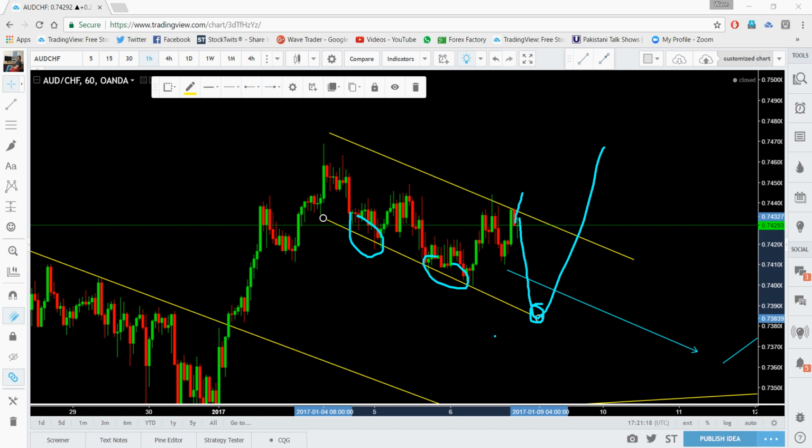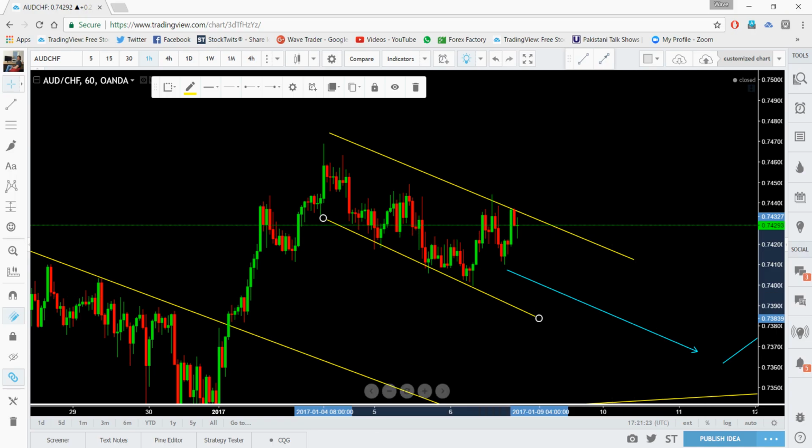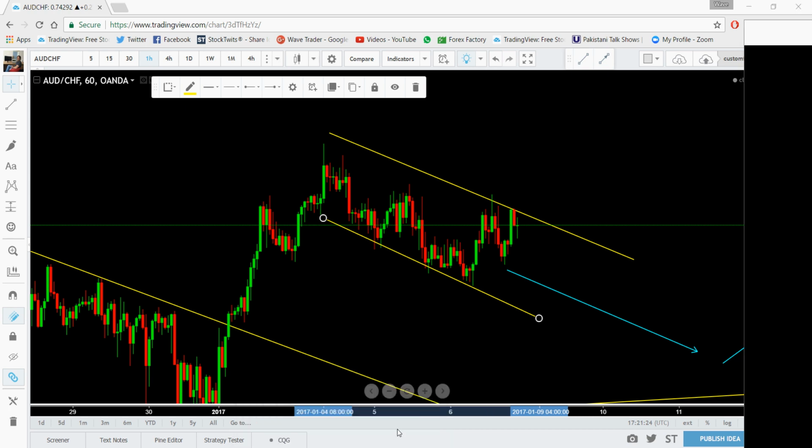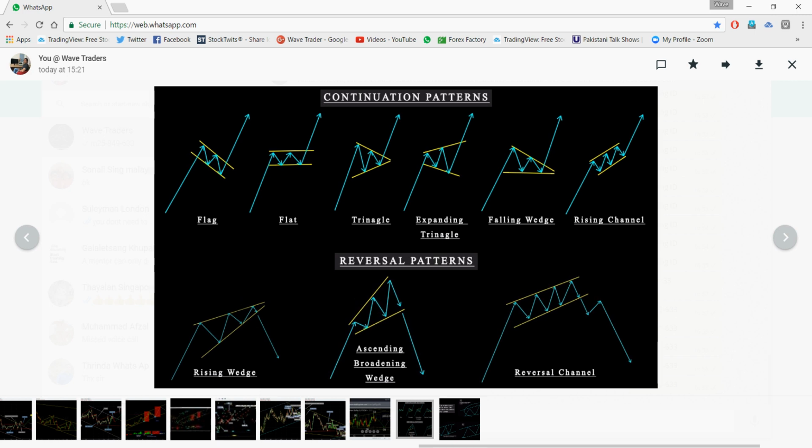That is the reason I'm talking about the pattern. So these are the kinds of continuation patterns price can form. Every time we see a trend continuation pattern like a flag, flat channel, triangle, expanding, descending, ascending or rising channel, your retracement and pullback is going to be different on all these patterns.